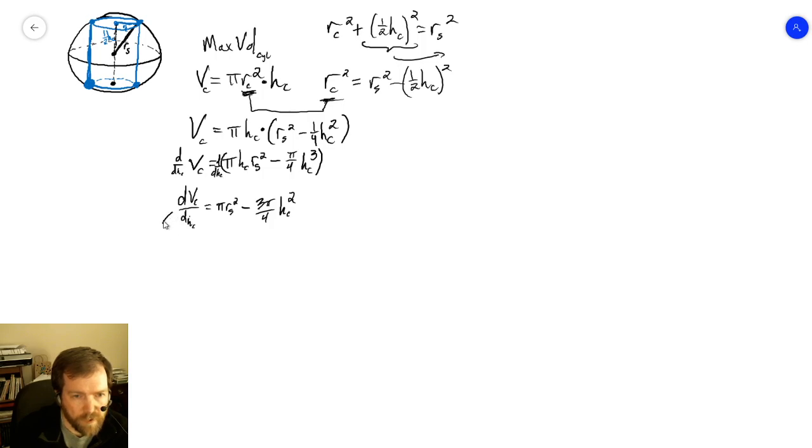Alright, and then since we wanted to maximize volume of the cylinder, this was going to be equal to 0. So now we get pi Rs squared minus 3 pi over 4 Hc squared.